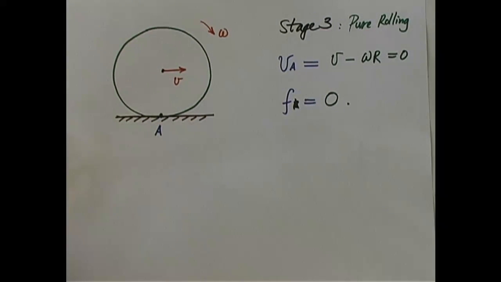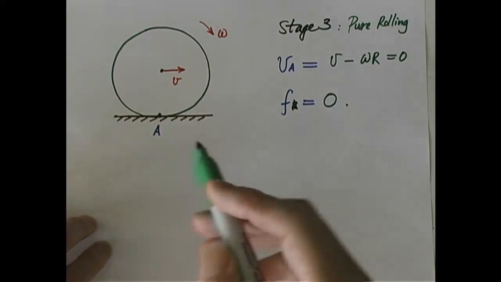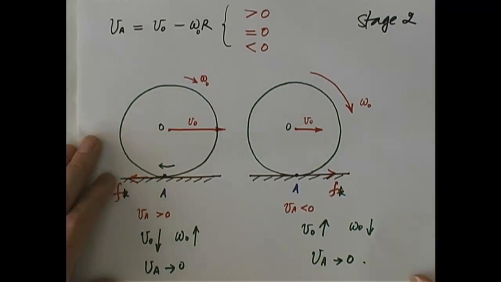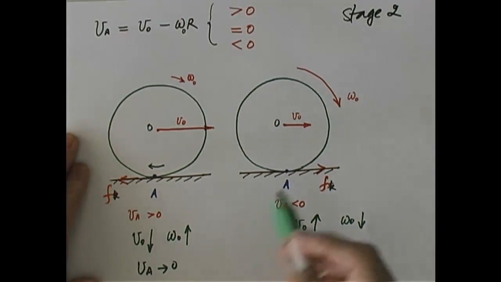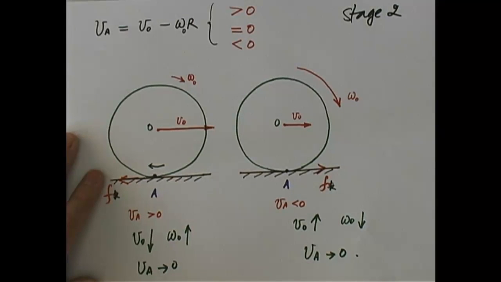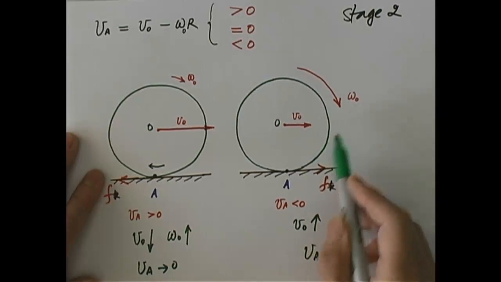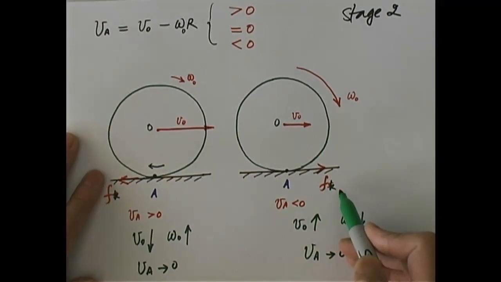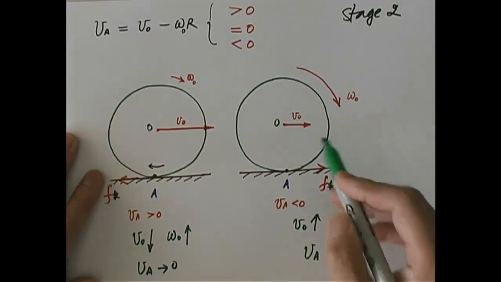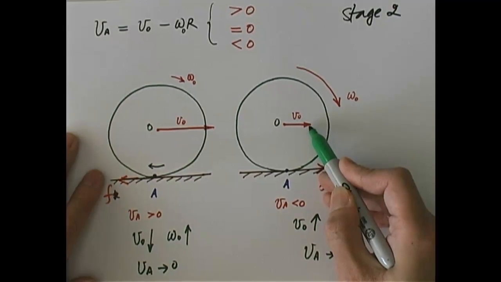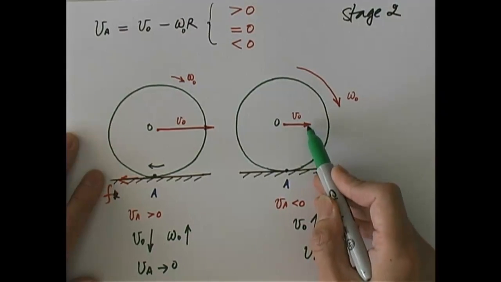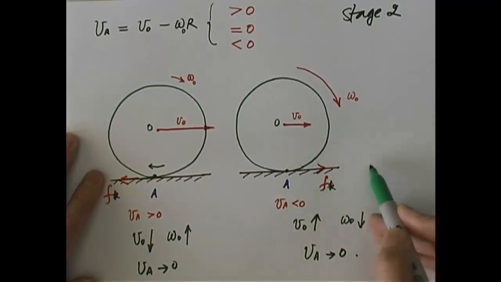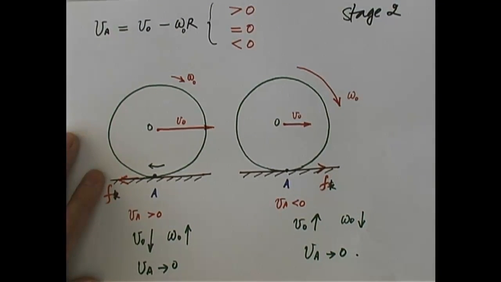Okay, so when do you have forward English or backward English? It is now clear once you understand these 3 stages. Forward English takes place when the ball goes faster by itself because of a forward push by the kinetic friction. So that is forward English right here. You don't have enough linear speed, so friction comes in to help you increase linear speed and decrease rotational speed.